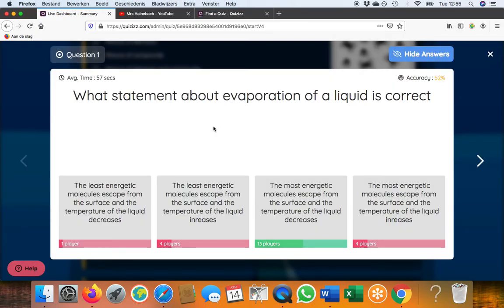Here, most people had it correct again, but still only an accuracy of 52%. What statement about evaporation of a liquid is correct? If you analyze the answers, it's about the least energetic or the most energetic.